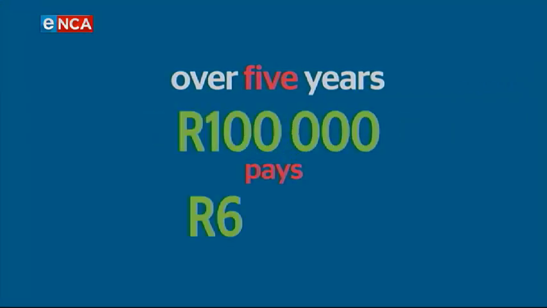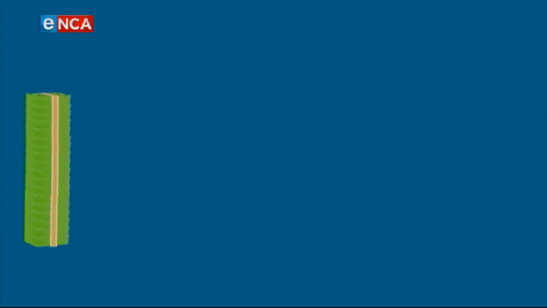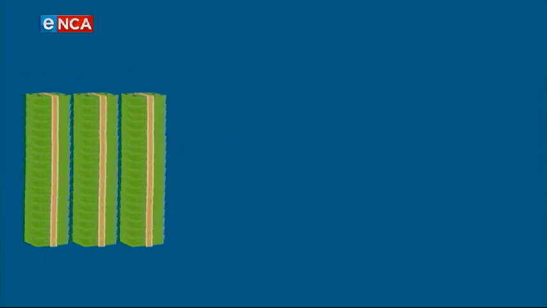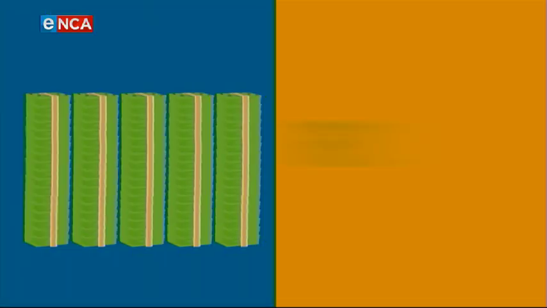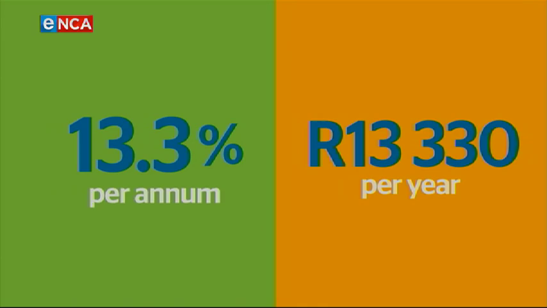This results in more interest being earned in the second year of 11,905 Rand. If you reinvest that amount, it grows the balance. So over 5 years, you would receive 66,600 Rand in interest. By dividing that total Rand interest earned by 5 years gives you 13,330 Rand a year, or 13.3% per annum.